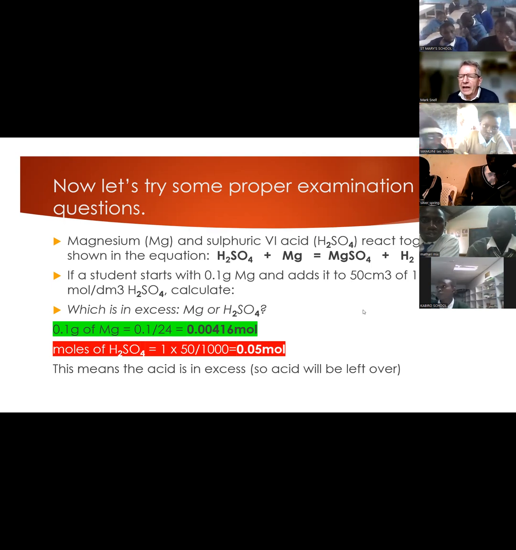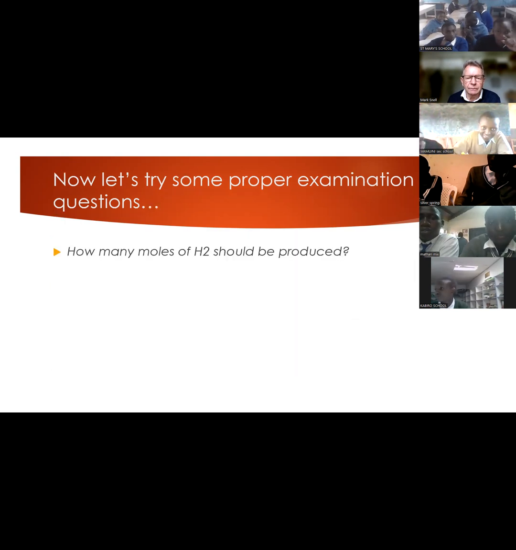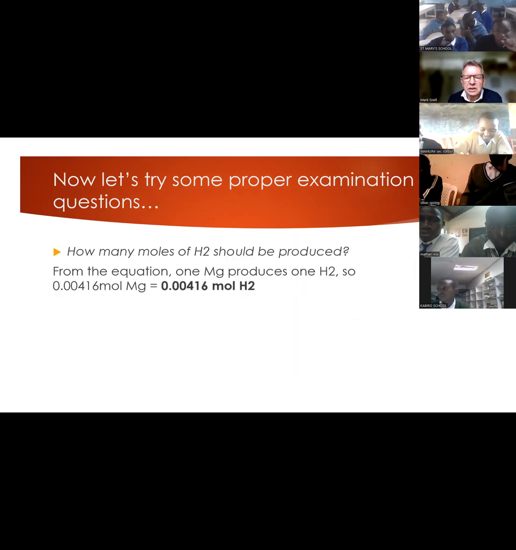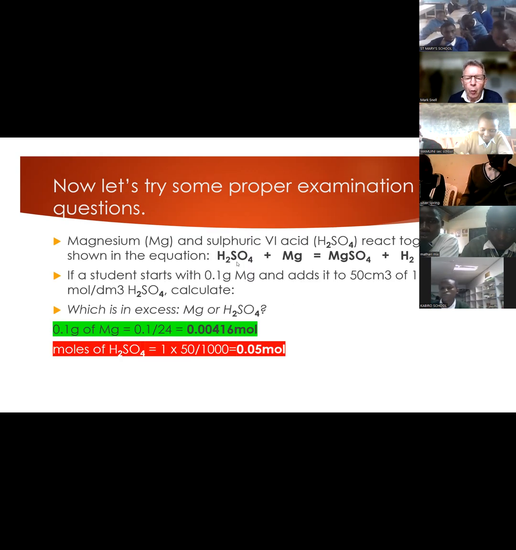If there is more H2SO4, that means there will be some acid unreacted. So the moles of hydrogen, well, if you look at the equation, 1 Mg makes 1 hydrogen.